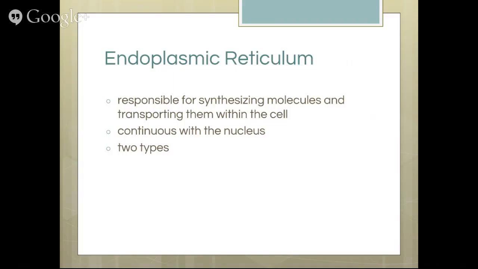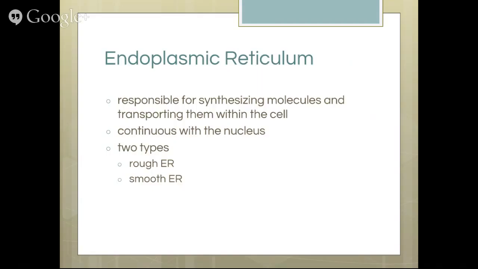There are 2 types of endoplasmic reticulum, and those 2 types are dependent on what's associated with them and their function. Those 2 types are rough and smooth, and you'll often see endoplasmic reticulum abbreviated as ER. So when you see that capital ER, what we're talking about is the endoplasmic reticulum.